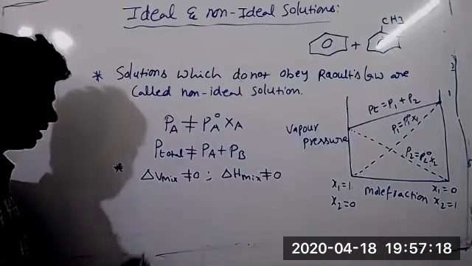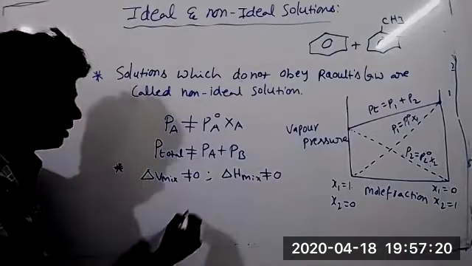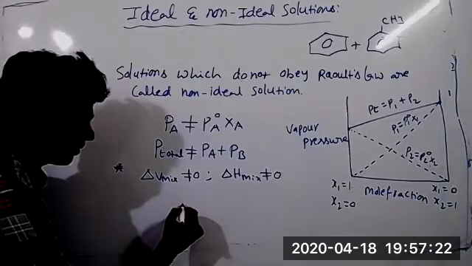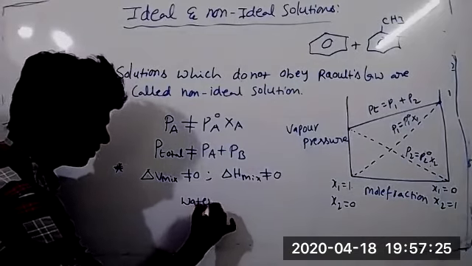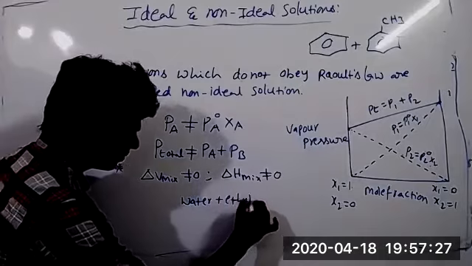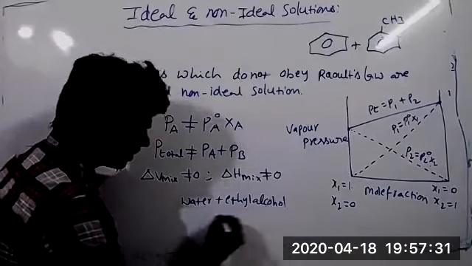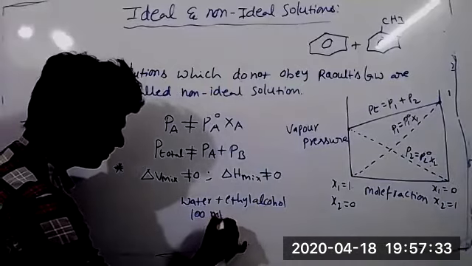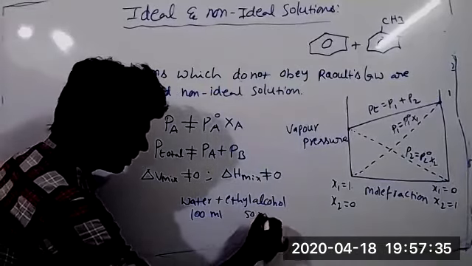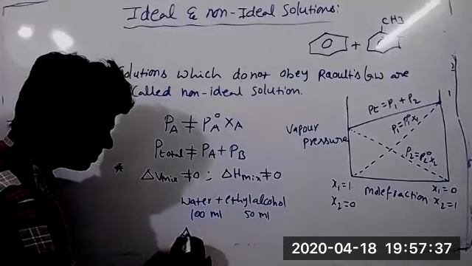Here just one example. Listen to the example. Suppose I am taking water and ethyl alcohol. Here I am taking 100 ml of water and 50 ml of ethyl alcohol. Total volume becomes how much?